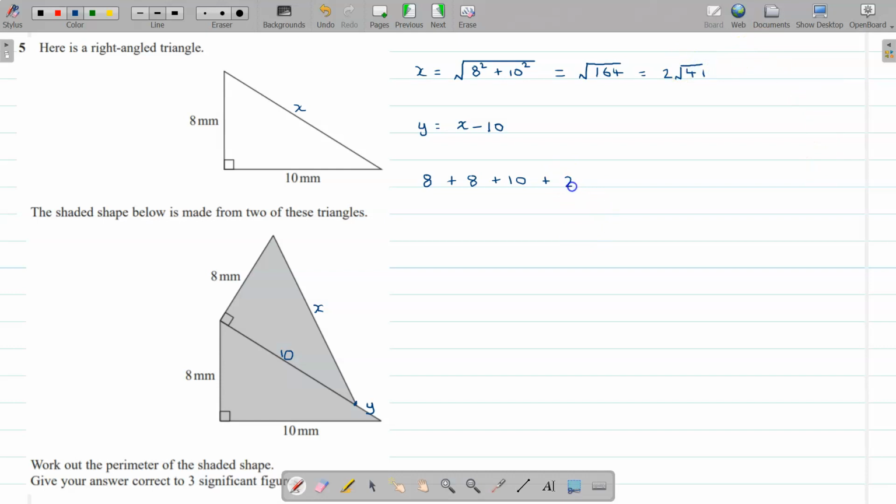So 2 root 41, and the last bit, y, is equal to 2 root 41 minus 10.